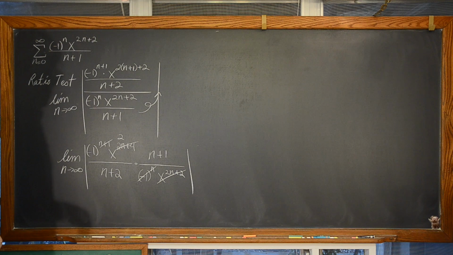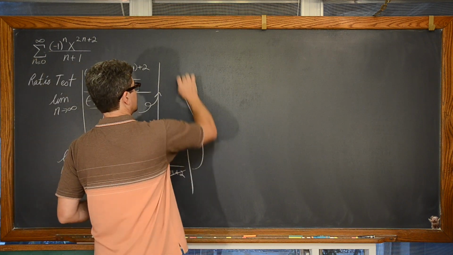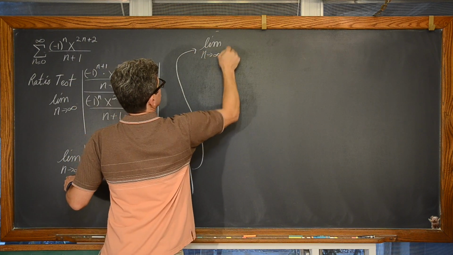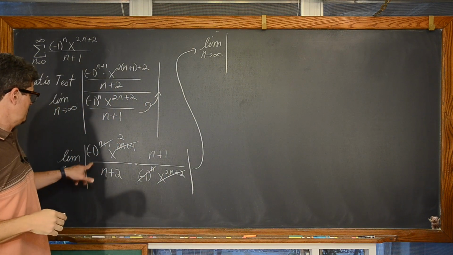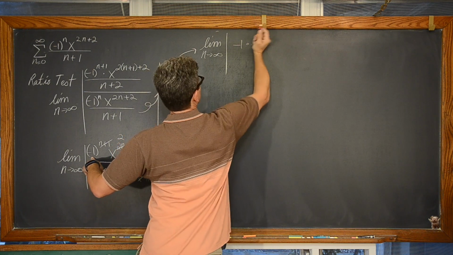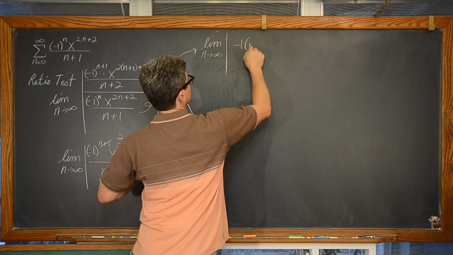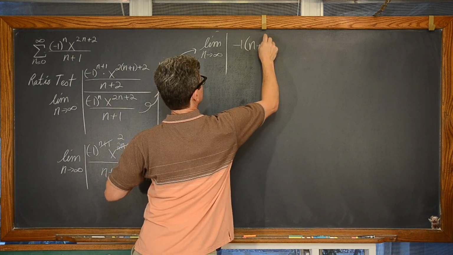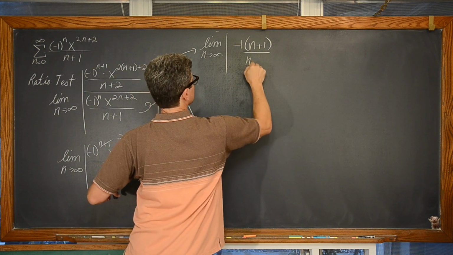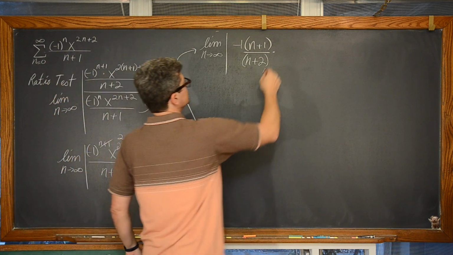And of course the n plus, we're going to let n go to infinity here for a second, but nothing's going to cancel out. So we have the limit as n approaches infinity, the absolute value of negative 1 times negative 1. We have an n plus 1 and an n plus 2 times x squared.